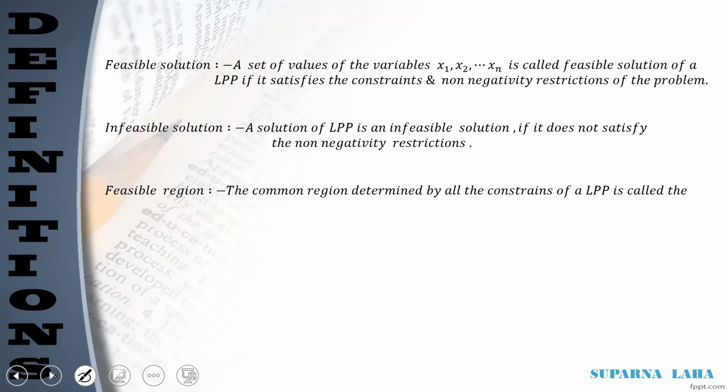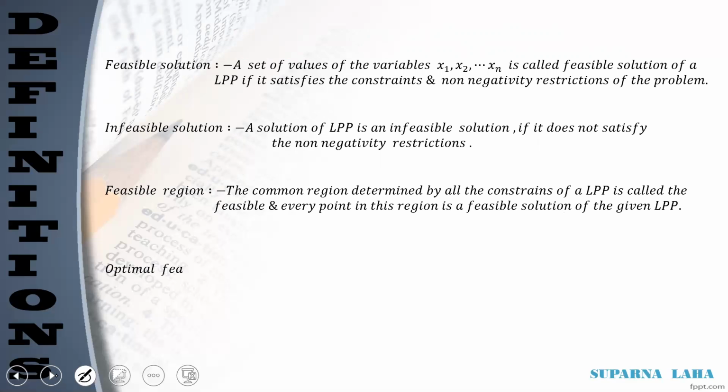So the common region determined by all the restrictions of the LPP is called the feasible region, and every point in this feasible region is a feasible solution. So the area determined by the conditions of the LPP is called the feasible region, and all the points in the region are called feasible solutions.